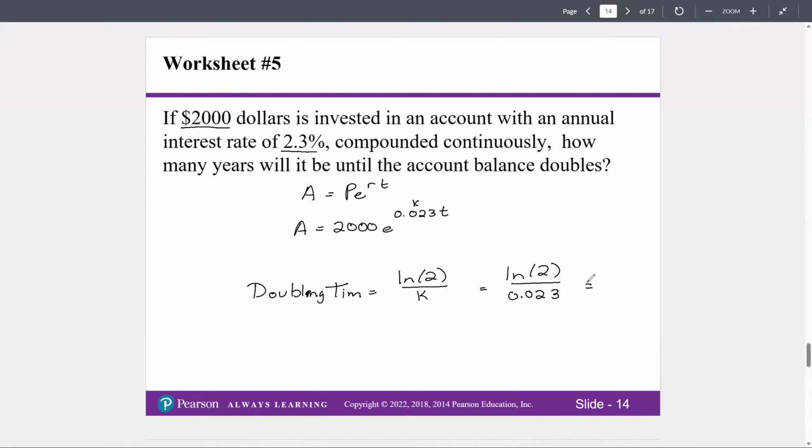Log of 2 divided by 0.023 is going to be 30.14 years, or approximately 30 years. Which is why they suggest when you invest money, start investing really early if you can for your retirement, because it's going to take that much time for your money to double.